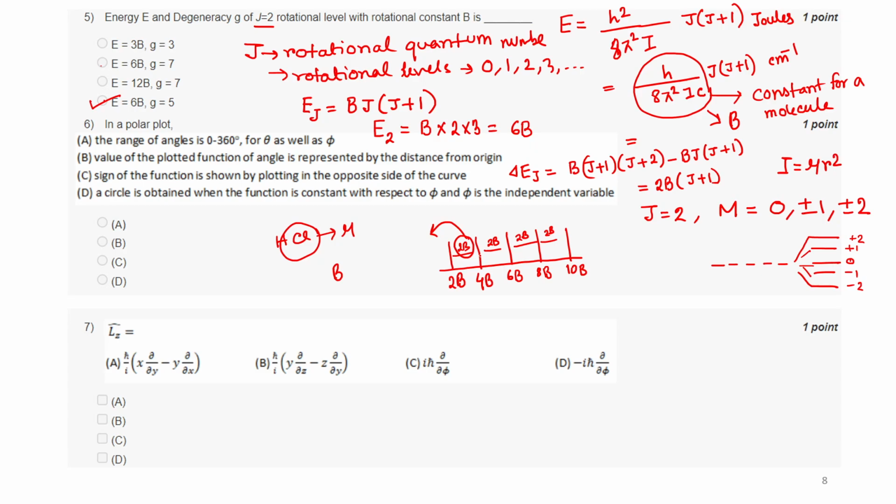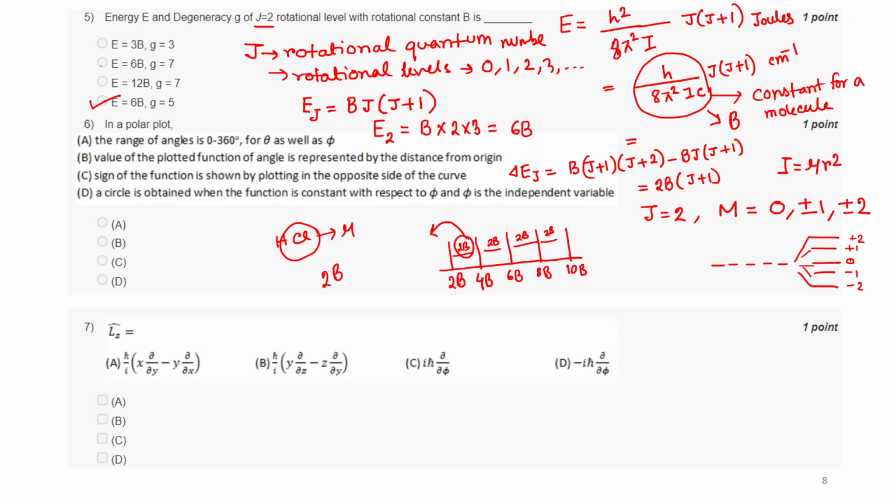You have recorded the spectra, so you got the spacing between two lines, that is 2B. And you know that I is mu r square. So suppose you don't know the bond length and you know all the other things, then you will be able to determine the bond length. That is the importance of rotational spectroscopy or this rigid rotor problem.